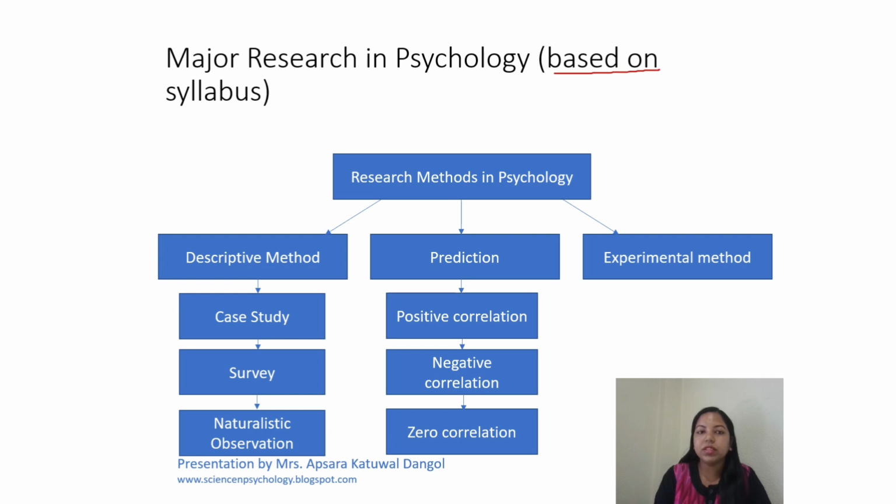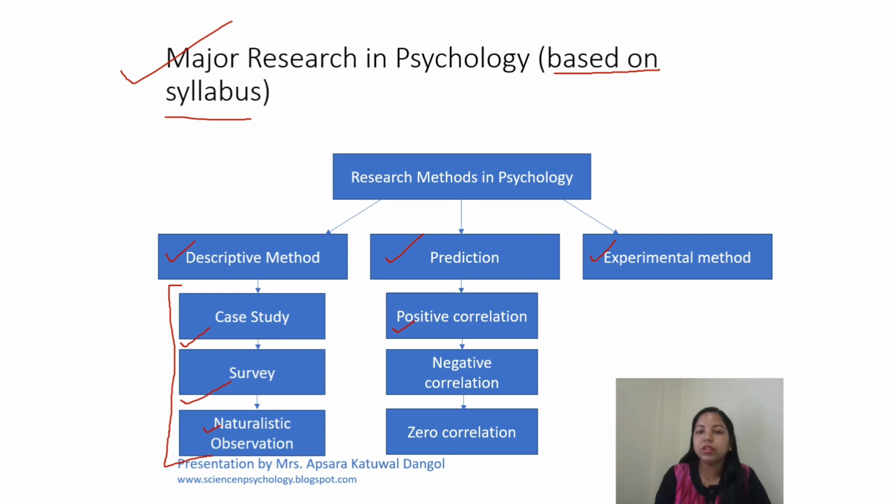Based on the syllabus, we are going to discuss the major research methods in psychology. They are the descriptive method, prediction or correlation, and the experimental method. Under the descriptive method, we study these three things: case study, survey, and naturalistic observation.